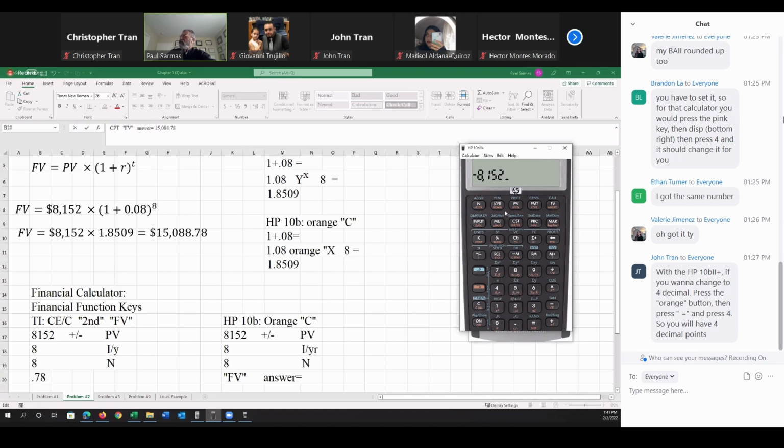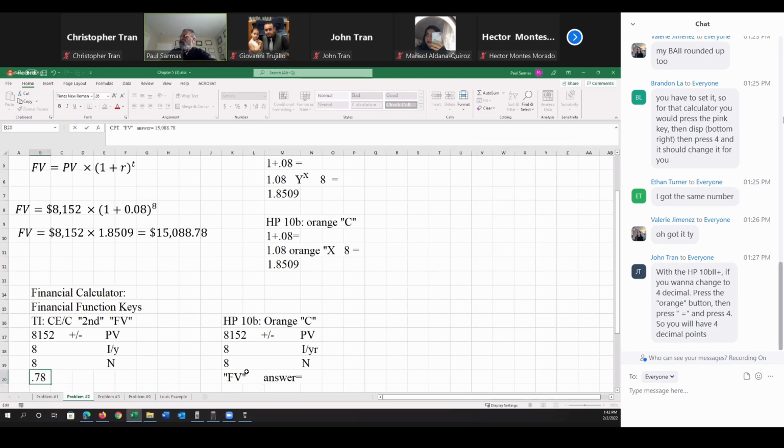It puts a minus in front of 8152, and that becomes your present value. 8 I/YR, interest. 8 N is for the period. There is no compute, so you do future value. FV, and you get the exact same answer, which is 15,088.78.